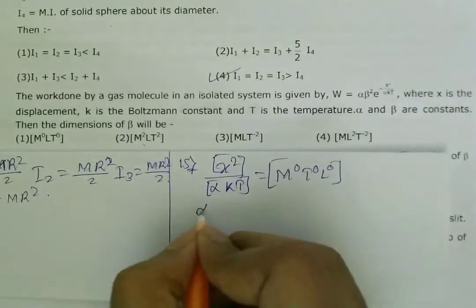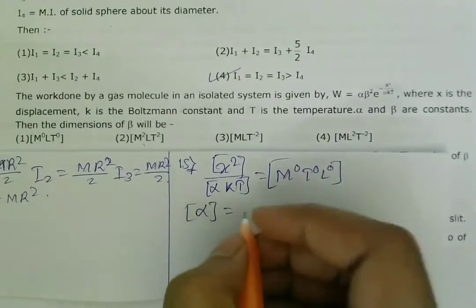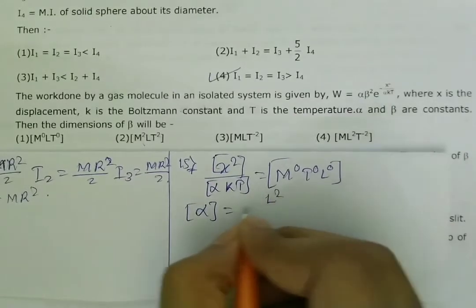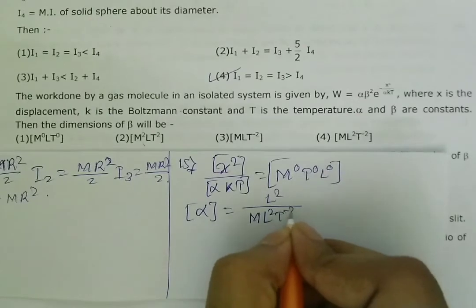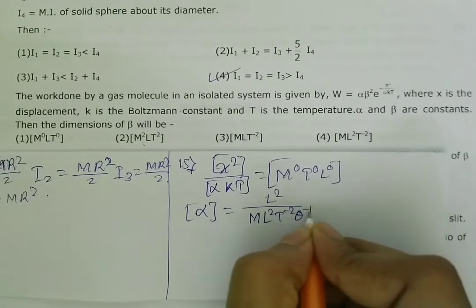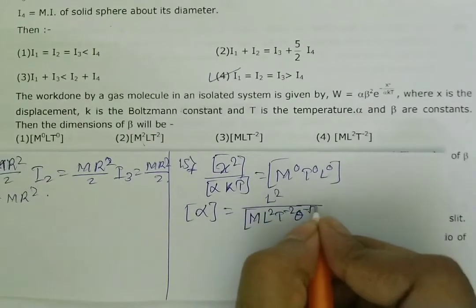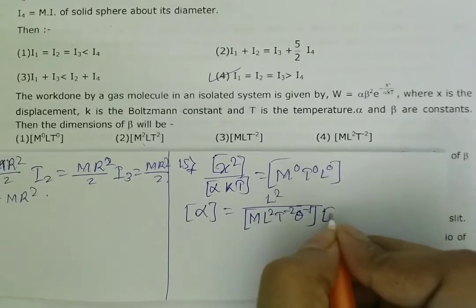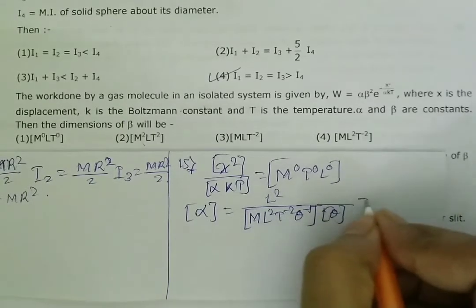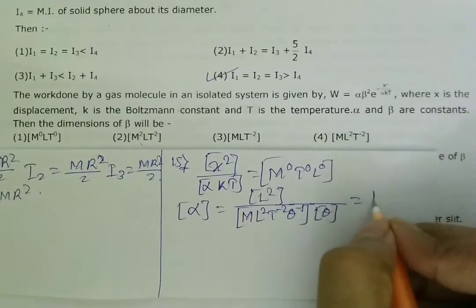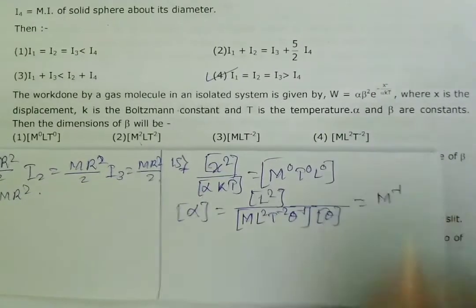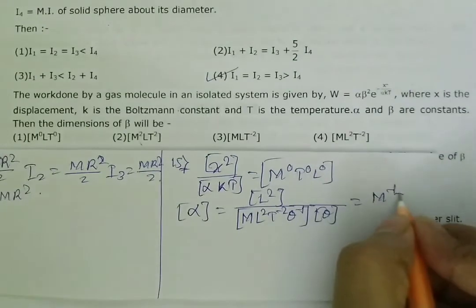From this we can say alpha will be equal to L square by m L square t to the power minus 2 theta inverse. This is k, and theta is the temperature. So alpha will be m inverse t square.